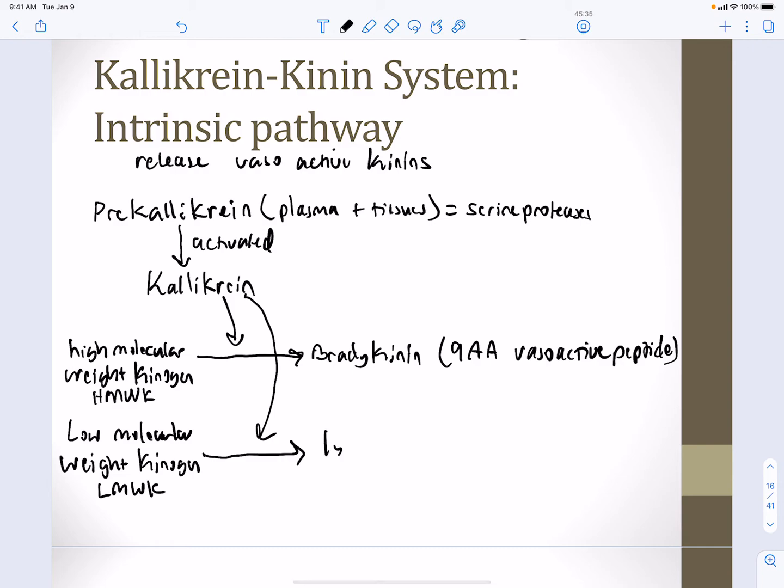And both forms of bradykinin will have the same function. They're both going to be vasodilators and increase vascular permeability.